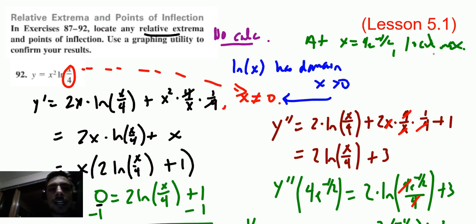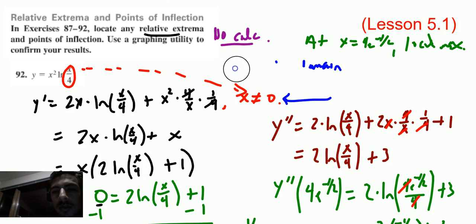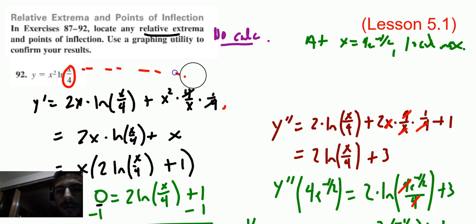Now if I want to find the actual value, I would need to plug in 4e to the negative 1/2. So I'm going to erase this below the domain part. I'll make some room here. Because it does say find the extrema, I need to actually find the value of the extrema.